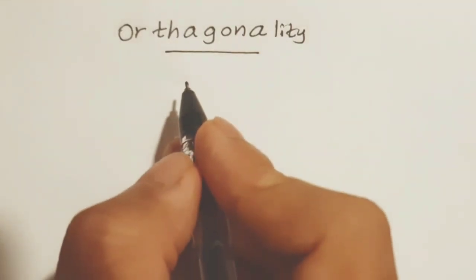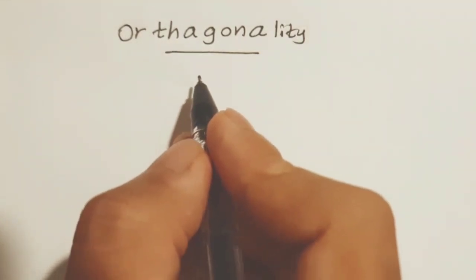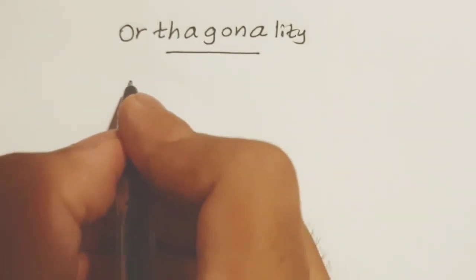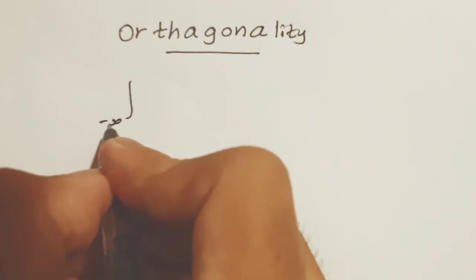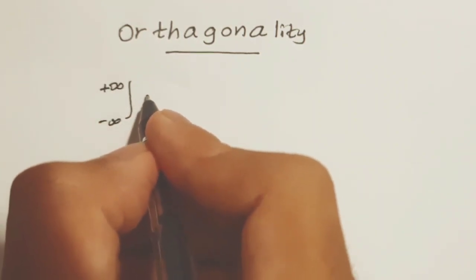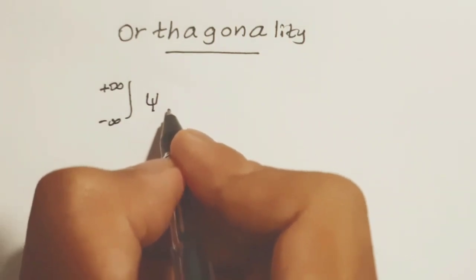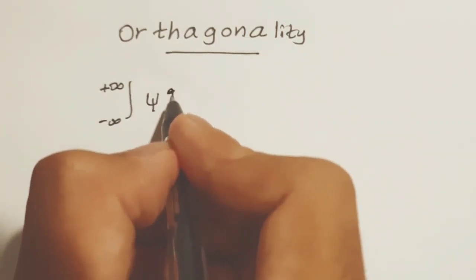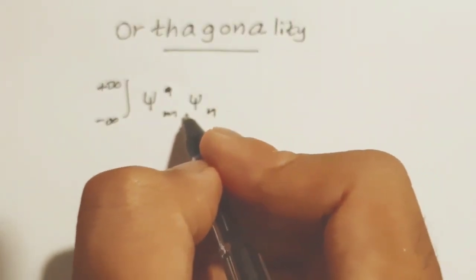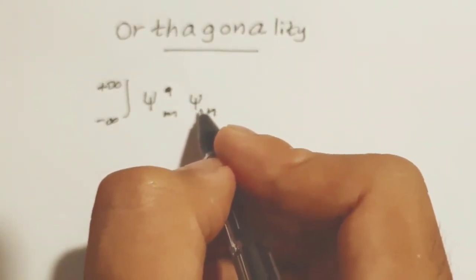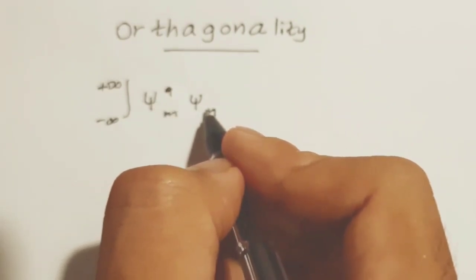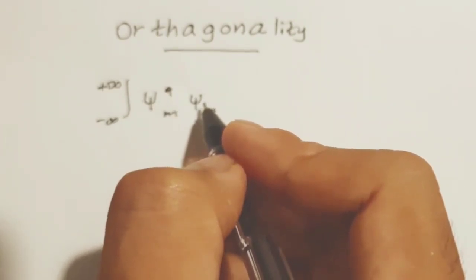When we consider the normalization condition, the orthogonality also comes into play. When we consider a particle from minus infinity to plus infinity having wave function psi m star times psi n, we can see in the normalization condition this particular wave function is independent of this particular wave function.